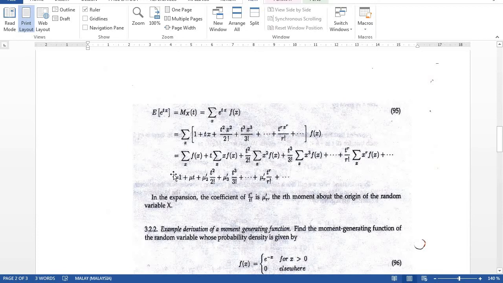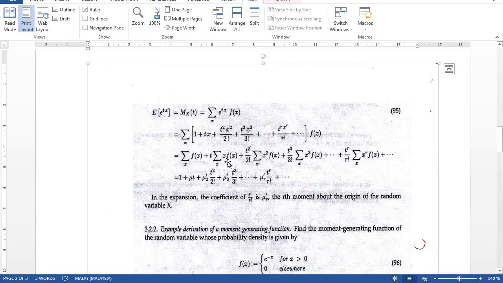This one we already learned, right? As a random variable, one of the properties is that the sum of f(x) will be equal to 1. And then the term x times f(x), this one we learned before, will be equal to E(X), right? Our expected value, E(X) is equal to mu, so t times mu, or the expected value.